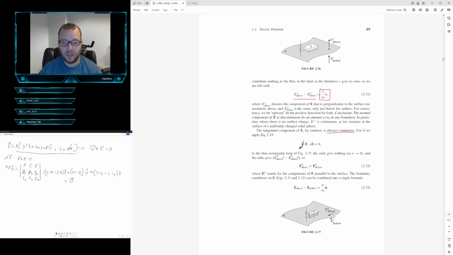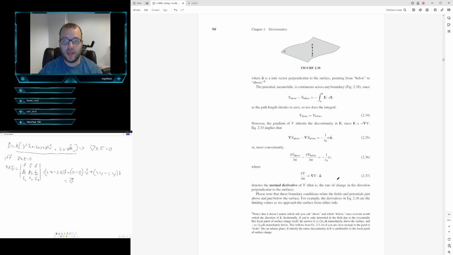Because if we apply the integral of E dot dl is 0 for a loop, we only have components parallel to the surface, and they are equal and opposite.